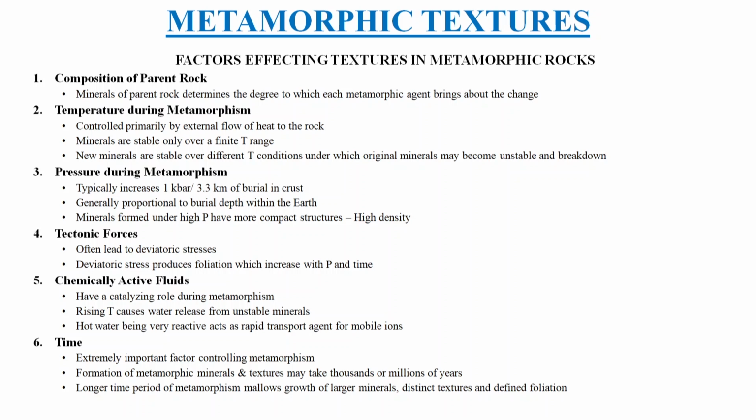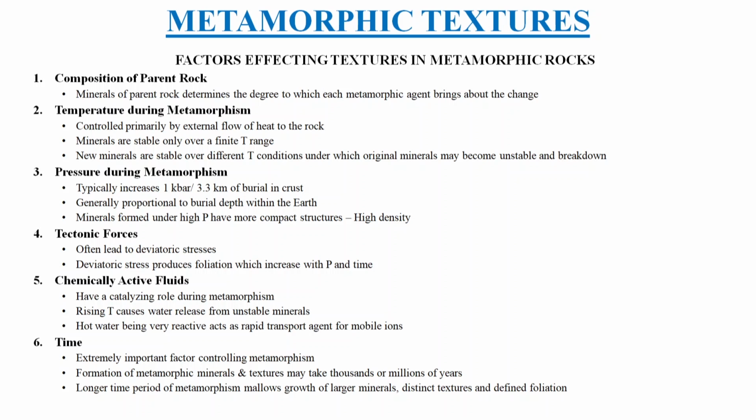So, the first factor has to be the composition of the parent rock or the protolith. Like we discussed, protolith is the parent material of any metamorphic rock. So, minerals of the parent rock or protolith determine the degree to which each metamorphic agent brings about the change. Each metamorphic agent means, again we are talking about the pressure, temperature or the chemically active fluid.